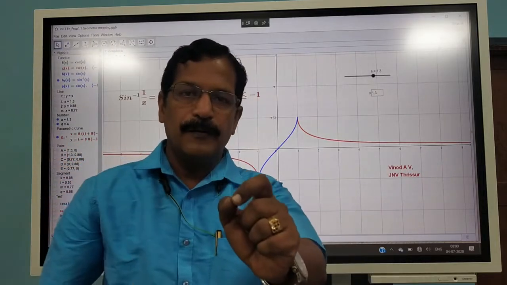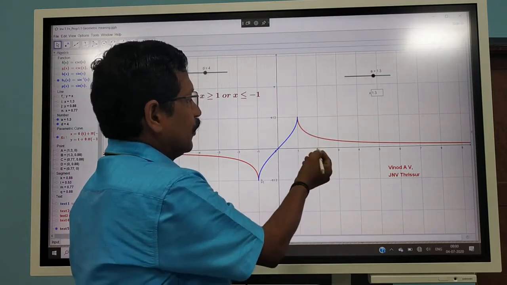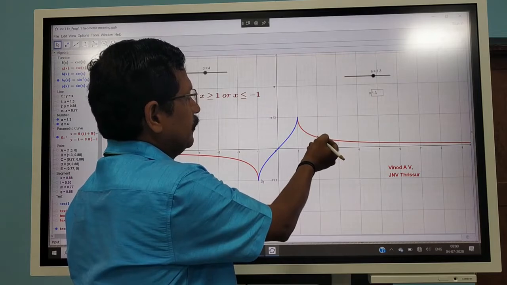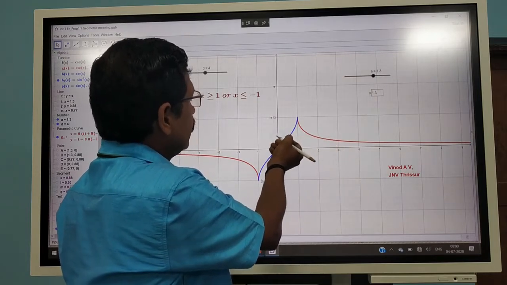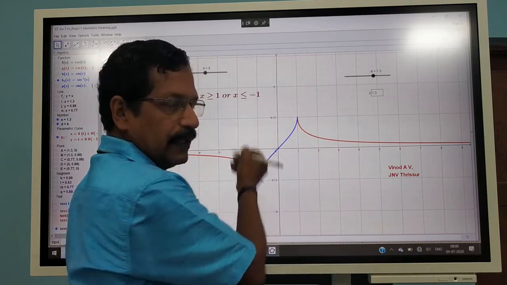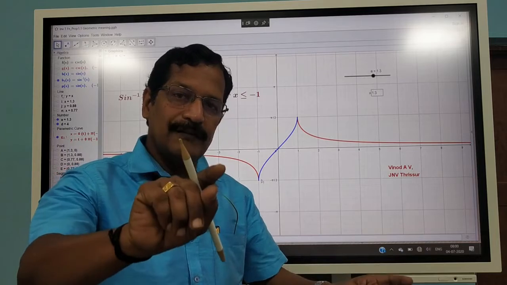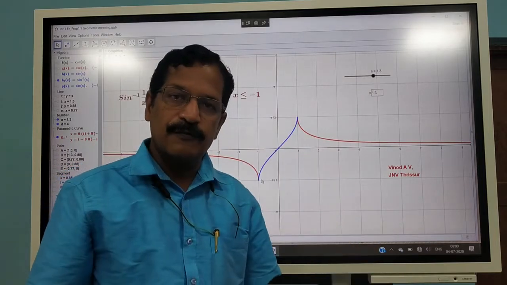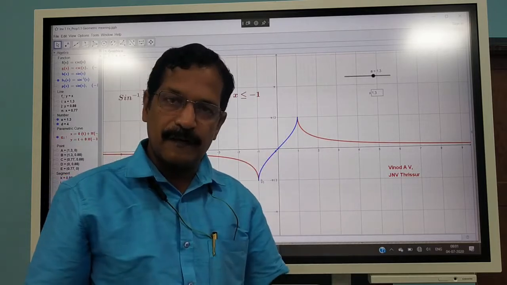The line will intersect the cosec inverse graph, and when it is drawn perpendicular to the y-axis, that is the value of cosec inverse of x.